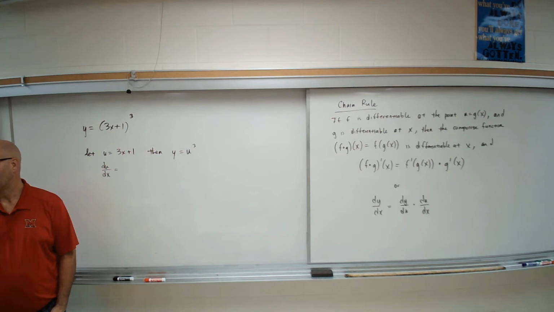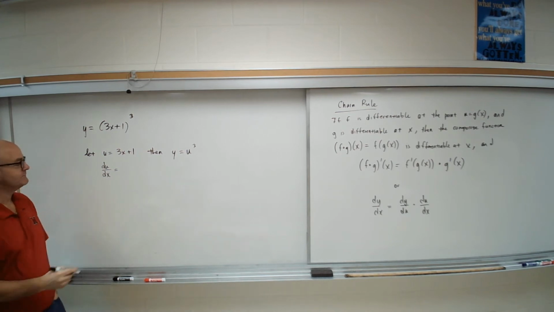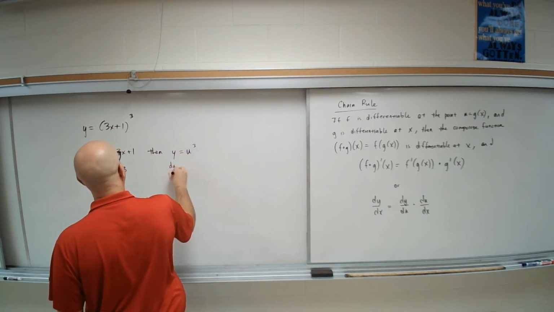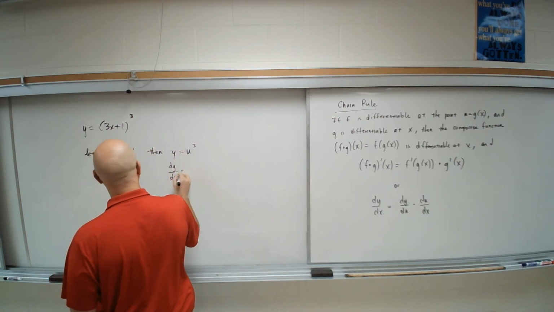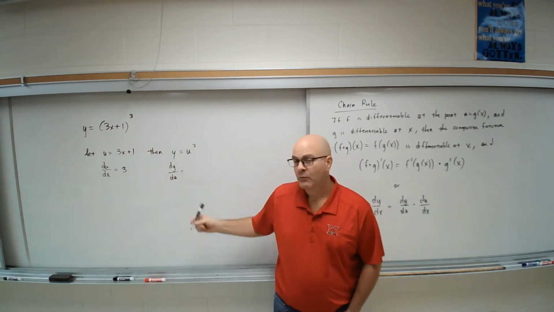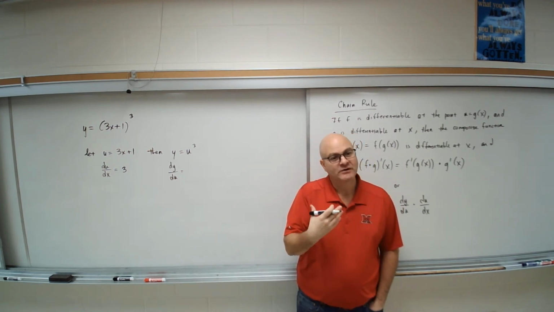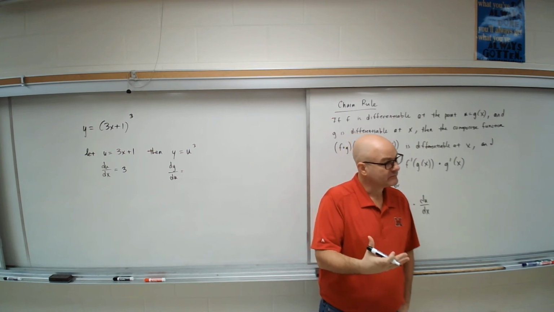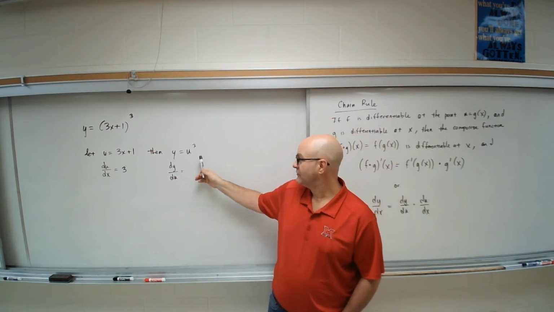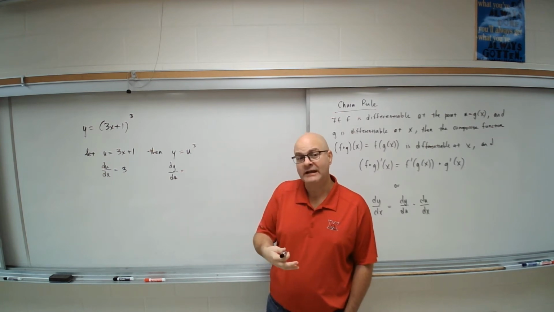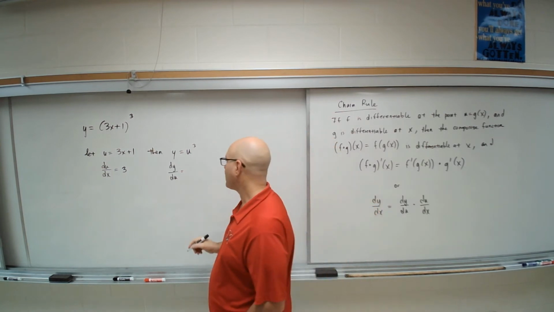What's the derivative of 3x plus 1? 3. Yeah. This one is what's the derivative of y with respect to u. Here, we're not doing it with respect to x like we're used to seeing, so this is where differential notation really helps us. Just treat u as your variable. If you have u cubed and you take its derivative, we get 3u squared.